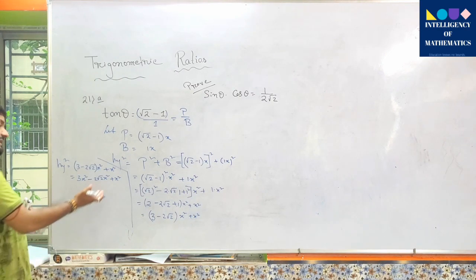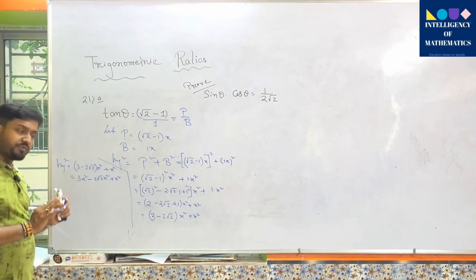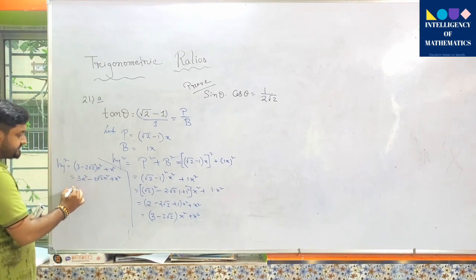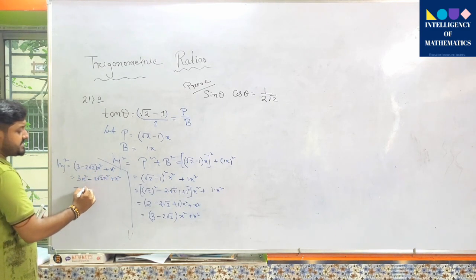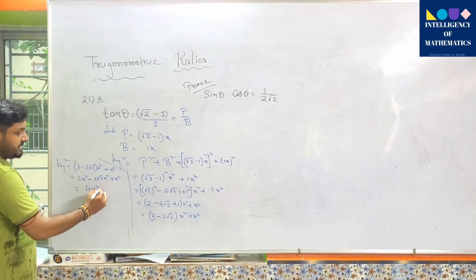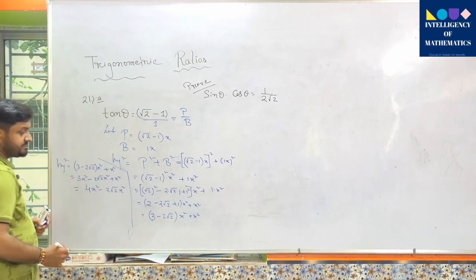We can do like this way, we can go forward, and x square, 3x square and x square, we can make 4x square. We can do it by taking common also. Now 3x square and this x square is 4x square. Here the remaining thing is 2√2x square.